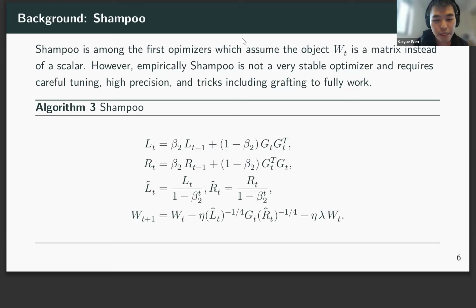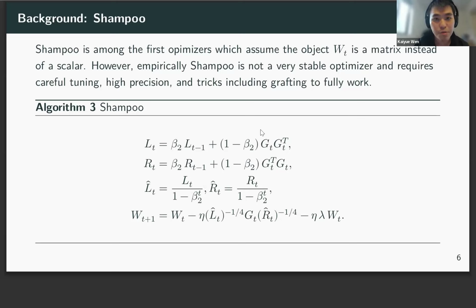But later it turned out that the theoretical motivation is not that important. For example, the 1/4 can be changed to some other power as well. Some people propose to use 1/2, and some other people propose to use 0.2. So the actual form is not that critical.